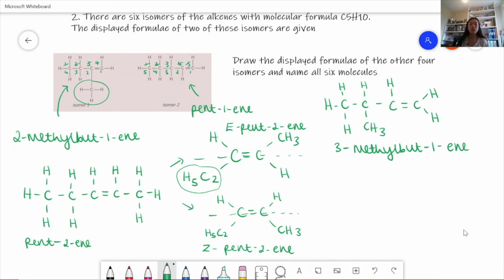And then there should be one more, and this last one is probably the hardest to come up with, but it's when we move the double bond and also the methyl group. So we could have CH3, carbon, and then a CH3.